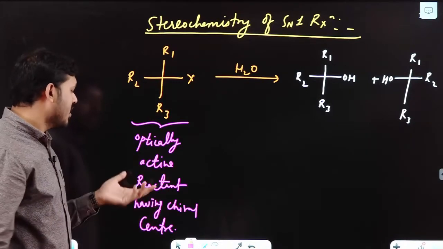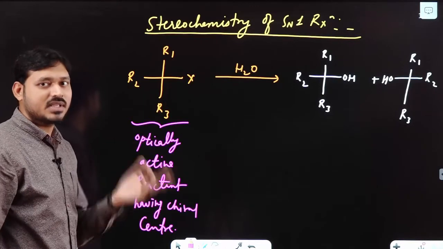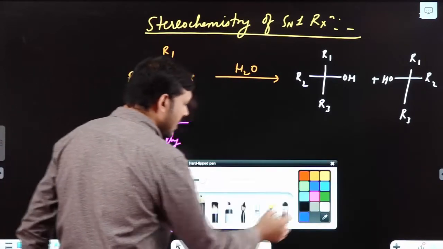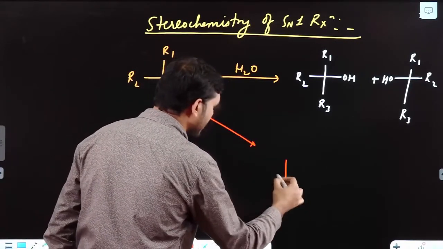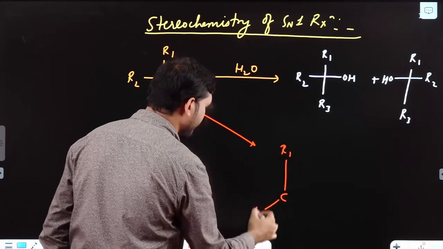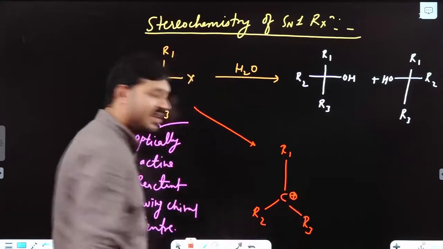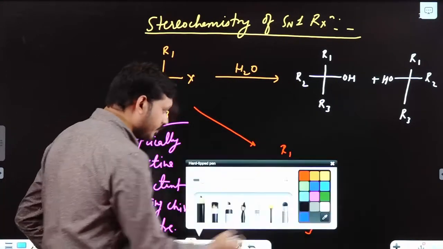Because, as you know, an optically active compound does not always have a chiral center. You remember, right? So in the reaction you generate carbocation first of all. This carbon has R1, R2, R3 and plus charge, right? Now what is the possibility?